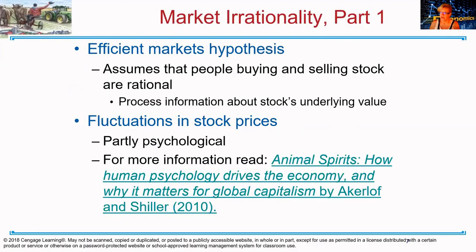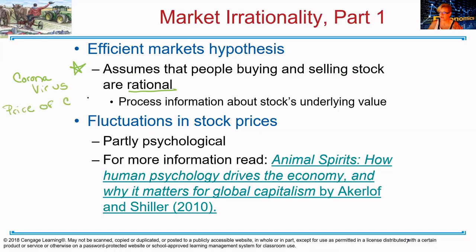Okay. Again, efficient market hypothesis, what's the big assumption is that people buying and selling stock are rational, because the behavior of a large market maker or several individuals will affect the stock market. So here's a really stupid but great example. When the coronavirus happened, okay, what happened to the price of Corona beer?